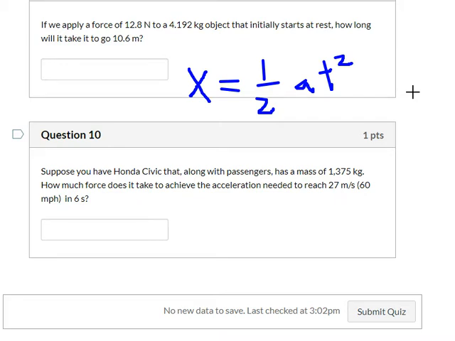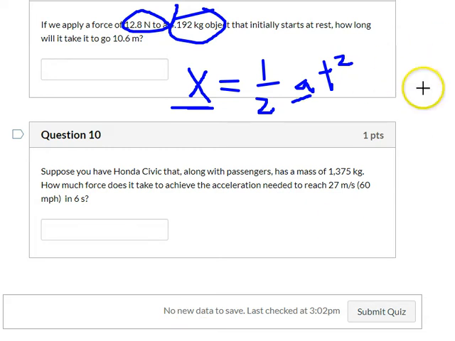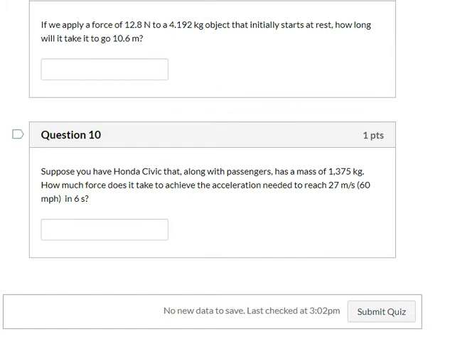We find a from Newton's second law: a is the force divided by the mass. We don't know the time, but we do know the distance. We can calculate the acceleration, and we need to find the time. The v naught term is 0, and x naught is also 0.